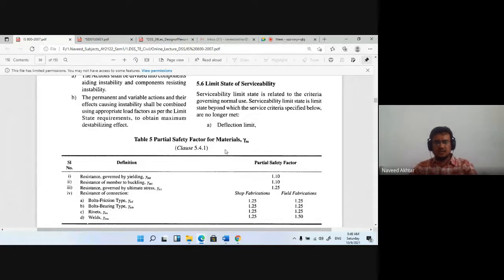The limit state of serviceability is related to the criteria governing normal use, beyond which the service criteria specified below are no longer met.